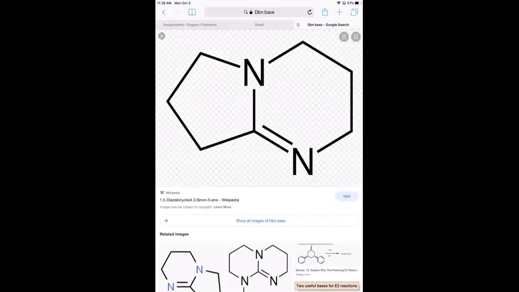So this is another really good base, and if you see the acronym for it, DBU or DBN, then you'll know that is a base, and it'll give you a clue as to whether you're doing E2 or E1 or SN2 or SN1. Anytime you see a base present, more than likely you're going to be doing E2 elimination.